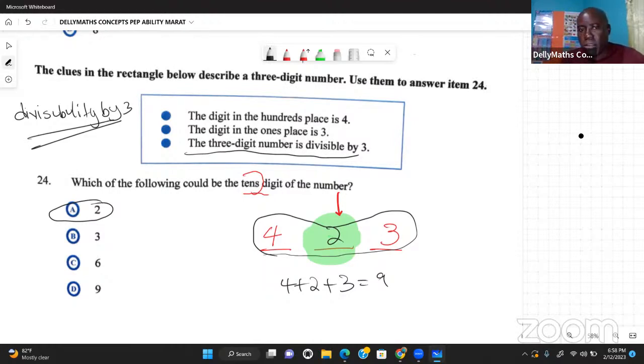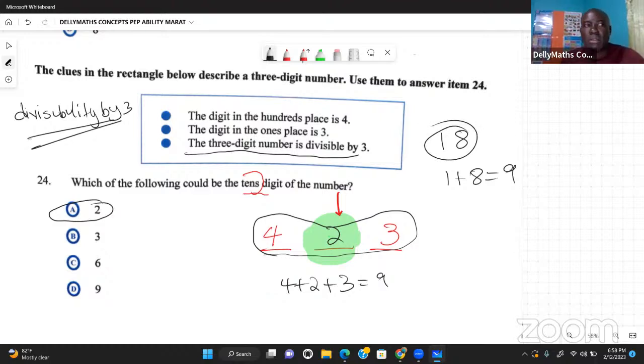Let me try another one for you. Watch. Teachable moment now. Let us say you're talking 18. We all know that 3 can go into 18 without a remainder. But check this out. 1 plus 8 is 9. Ask yourself, can 3 go into 9? If the answer is yes, 3 can go into 18.